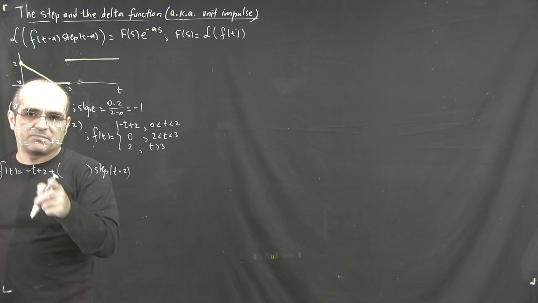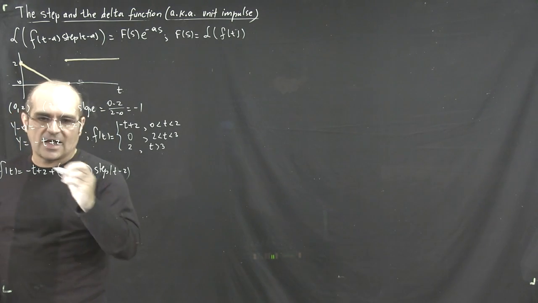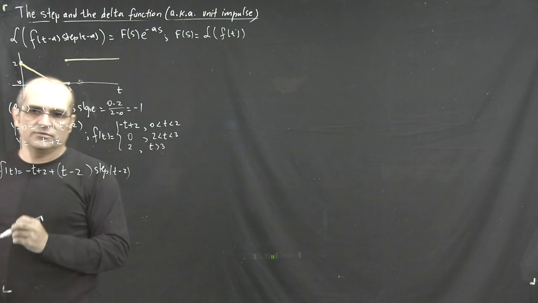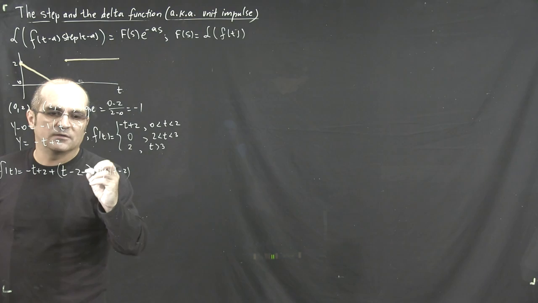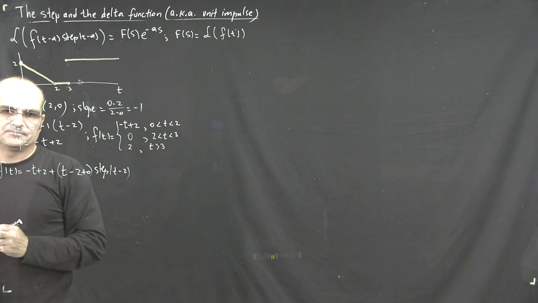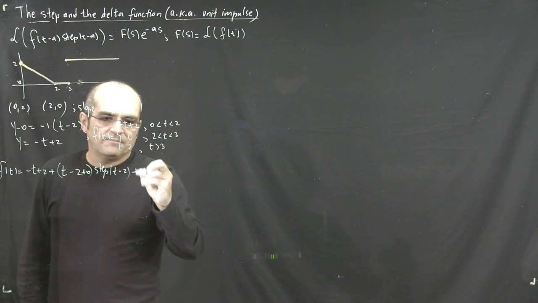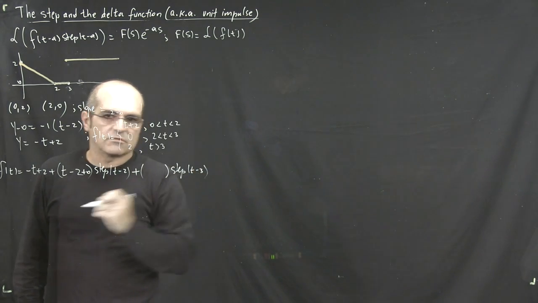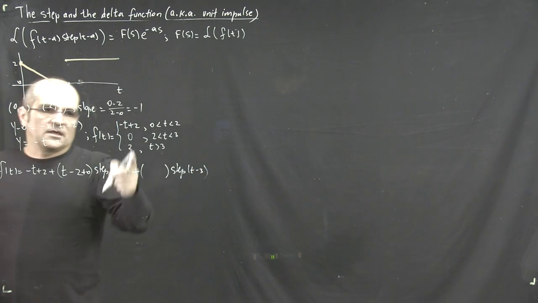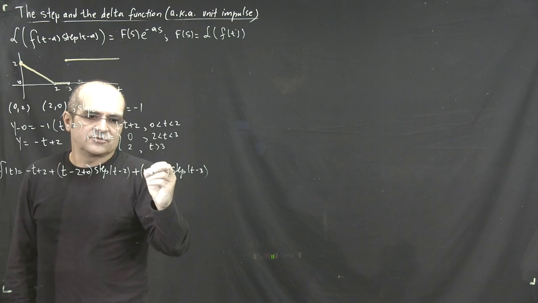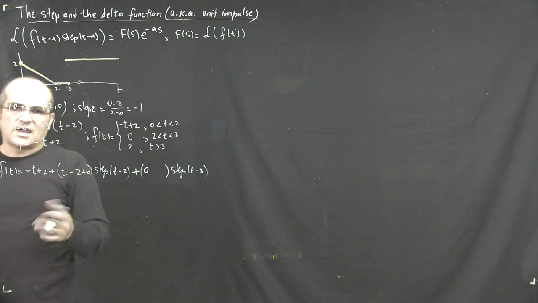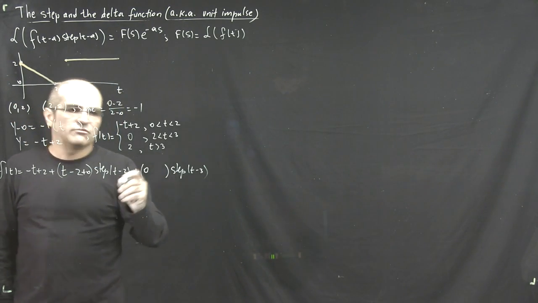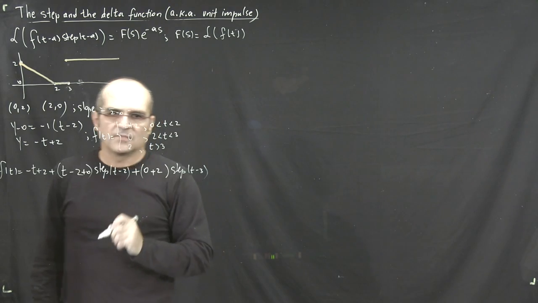If it was minus t plus 2, to cancel that, I add t and subtract 2 and put a new value in, which in this case is just 0. Finally, the next point where the function changes is at time t equals 3. Cancel the previous value, which means there's nothing to do, it was 0, minus 0 is the same thing, and put the new value in, plus 2.